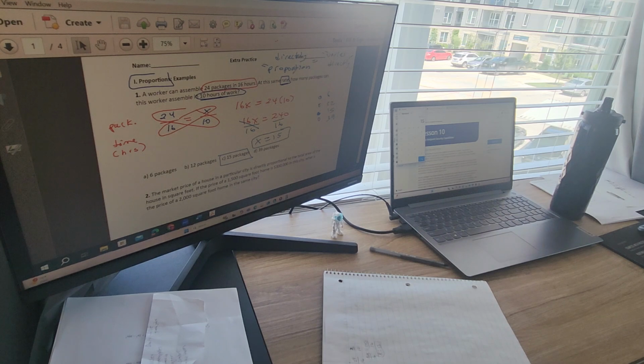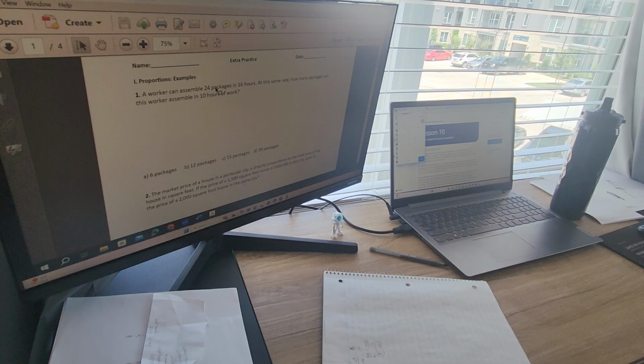They can say it varies proportionally, it varies directly proportionally, or varies directly. So if it varies directly or proportional or any kind of rate, you know you're dealing with proportions. So if you have a word problem, one of your word problems is going to be a proportion. And it's also built into some other problems as well.